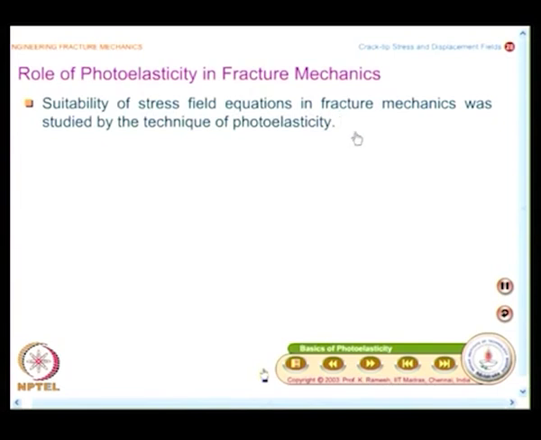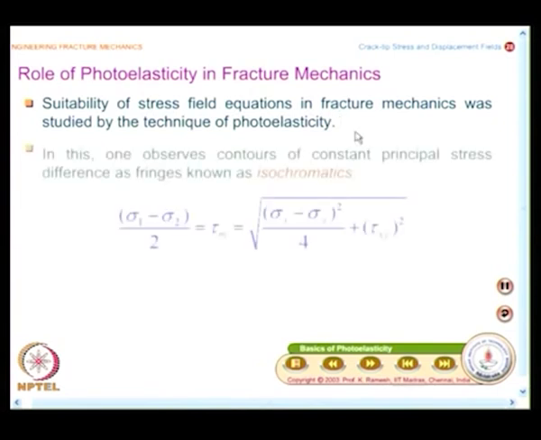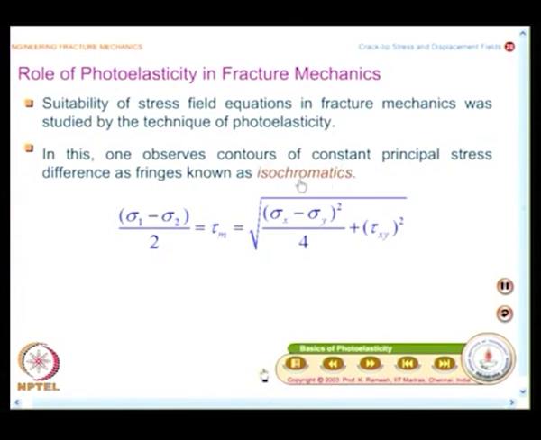How do we verify that? We have seen in the initial lecture that photoelastic fringe contours are actually isochromatics, which represent contours of constant principal stress difference, which could also be looked at as maximum shear stress.